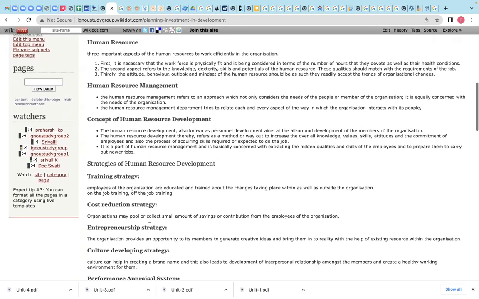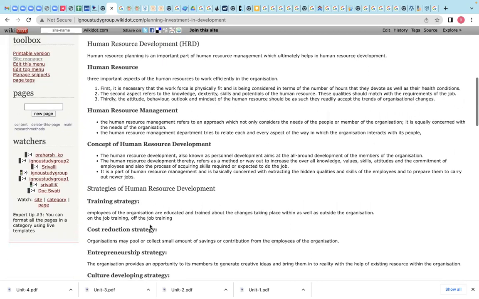It is a method or way to increase overall knowledge, skills, attitudes, commitments, and all those things which are required for the job. It even includes hidden qualities and skills required for newer jobs. So that is about HRD.